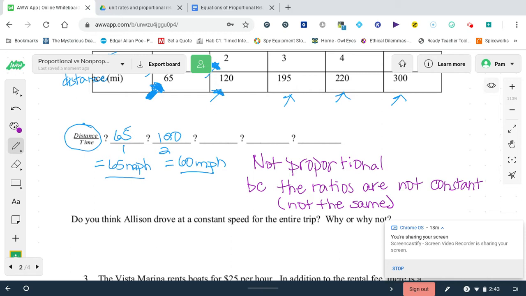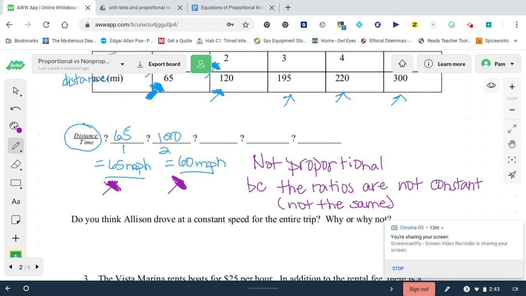And these ratios we're talking about, there is no constant of proportionality in this one, because constant of proportionality will indicate you would have a constant. Well, that's 65 and that's 60. So there is no constant there. So we can't say it's a constant of proportionality.